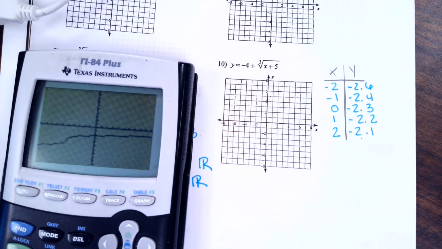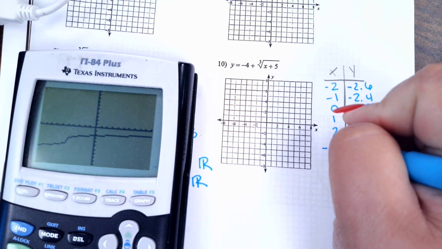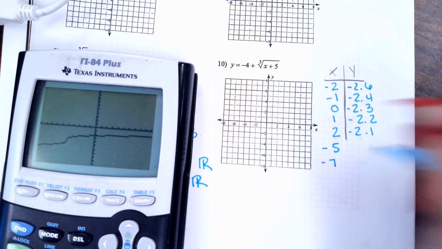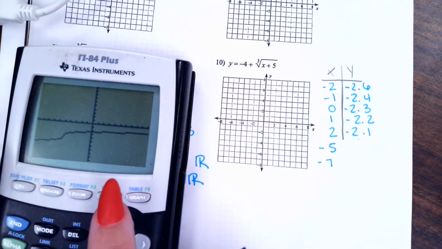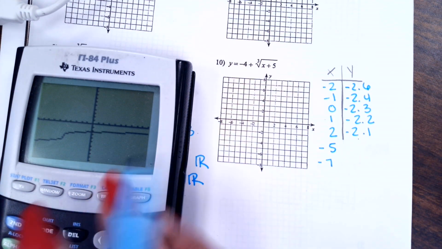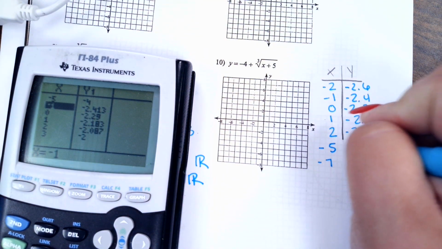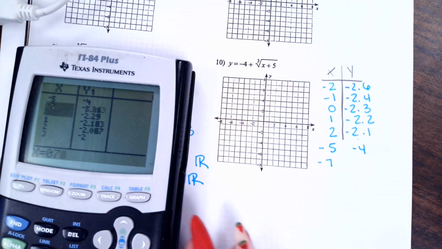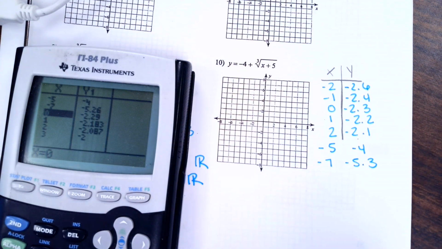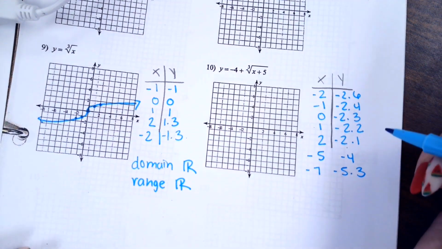So let's try some more values. Let's try a bigger value, how about negative 5 and negative 7. Just so we can get some values that are down here that we can graph on our picture. So when x is negative 5, y is negative 4. When x is negative 7, y is negative 5.3. So that'll give us a better idea of what our graph will look like.